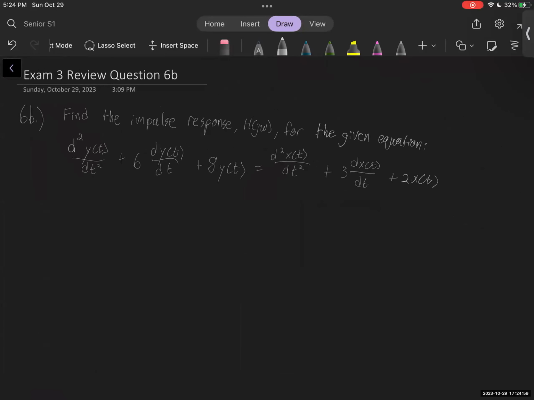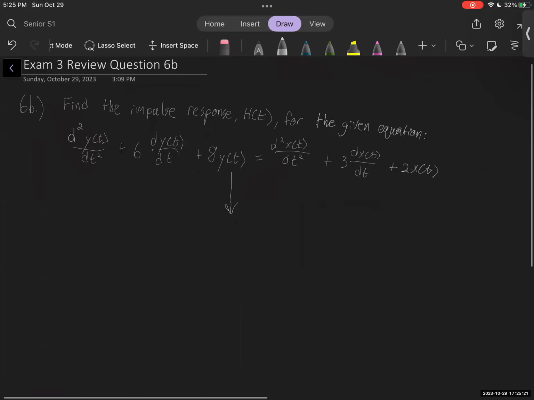So we made a mistake on the PowerPoint for this question. If you're looking at it, it says find x of j omega or h of j omega. We really want to find h of t. So I just corrected that on here, but just make sure you're aware of that. So the first step is we want to take the Fourier transform.